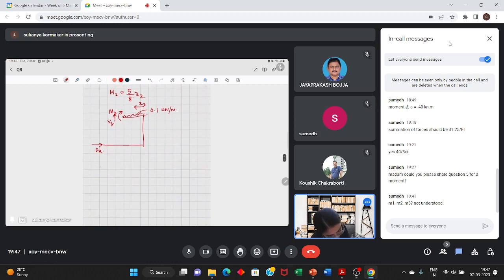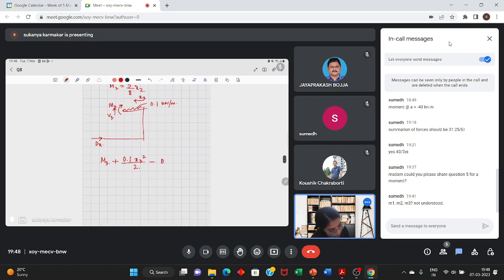So M3, moment in the clockwise direction. This load is also creating moment in the clockwise direction. So 0.1 into x3 square by 2 minus dx into 8. This height is 8 meter, and this is equal to 0.